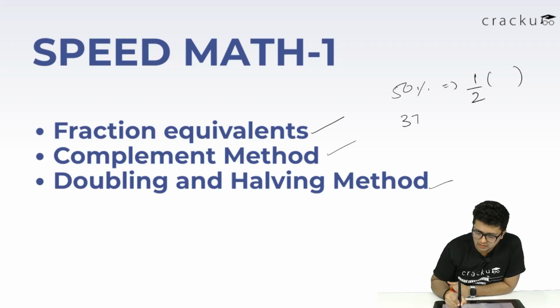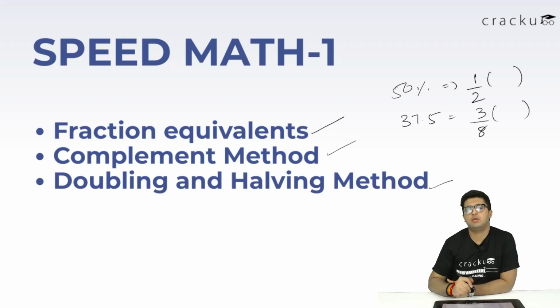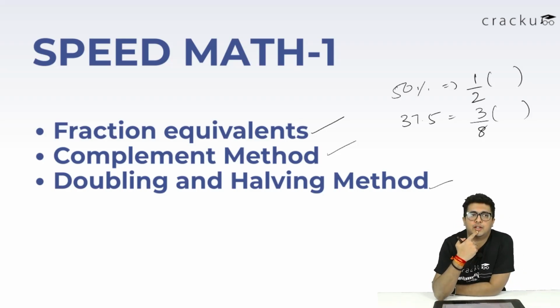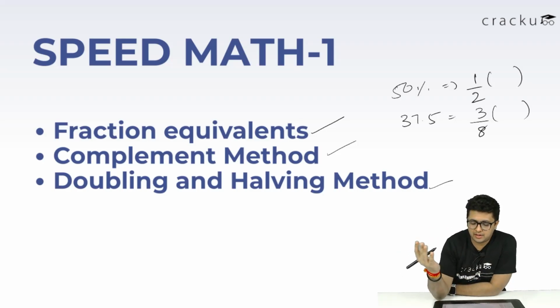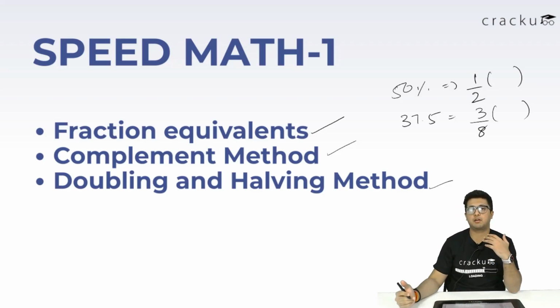At the same time 37.5% is nothing but 3 by 8 of whatever needs to be calculated. So 37.5% of, let's say, 200 might seem harder to calculate than 3 by 8 of 200, right? So it's much easier.